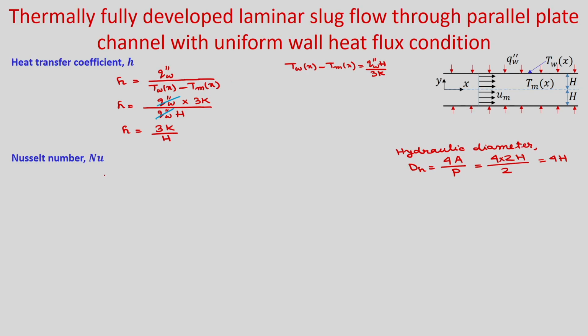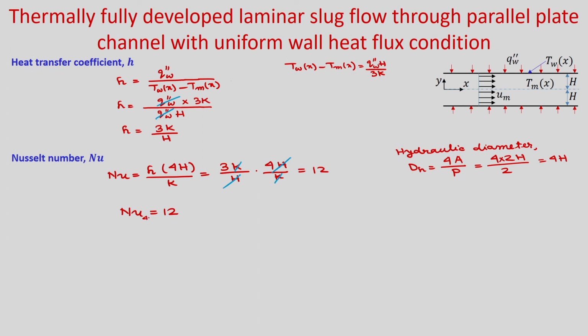So, Nusselt number now we will define as h into 4 h by k, and now h is 3 k by h, and you have 4 h by k. So, hence you can see that it will be 12. Okay. So, Nusselt number for this slug flow and thermally fully developed flow inside the parallel plates channel is 12.